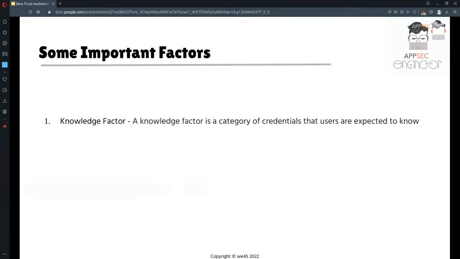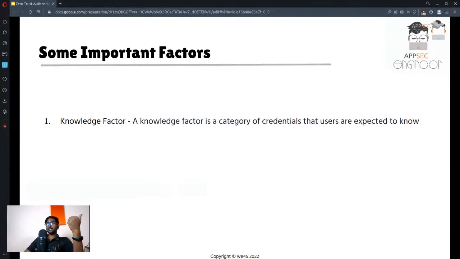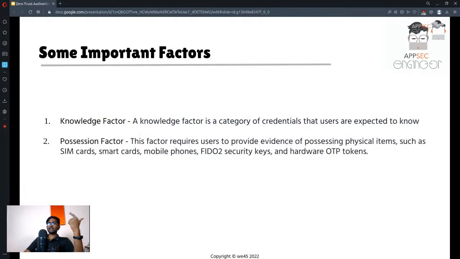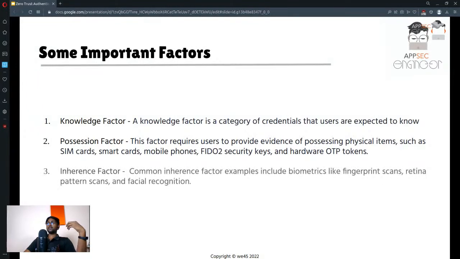So going back to that concept, there are three factors here. One is knowledge, the knowledge of knowing the key. Possession is where you're holding them in your hand at that moment, which in our case, your certificates are going to be possessed. Your knowledge is going to be a secret key that is known by your client or your server. Inherence is something that is only possessed by that device or by that person.